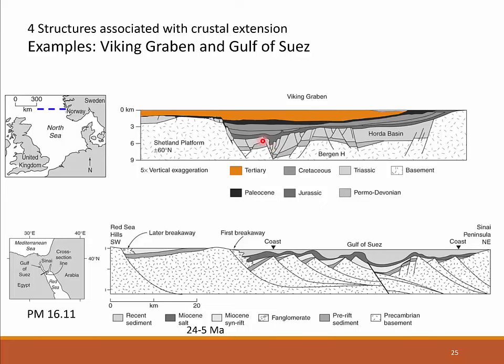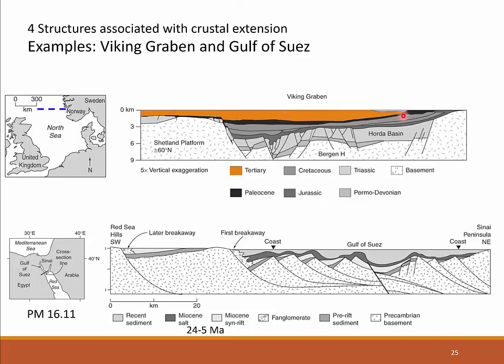This formed a topography which is overlain by younger sediments, essentially Cretaceous and Jurassic, and eventually Paleocene and younger Tertiary sediments that now form underneath the shallow sea level in that region.